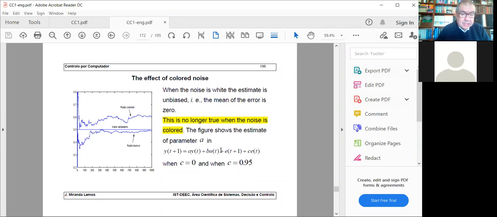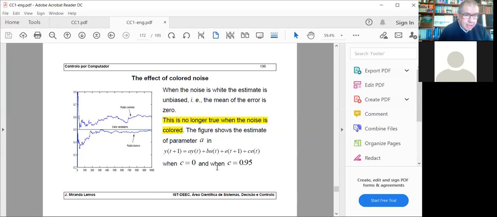White noise means that it's a sequence of uncorrelated variables. Okay. Now let's see what happens if the noise is not white.